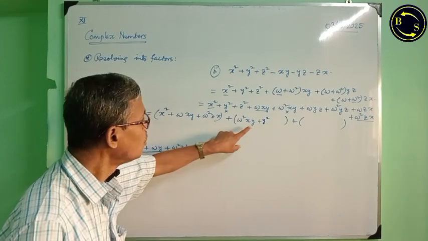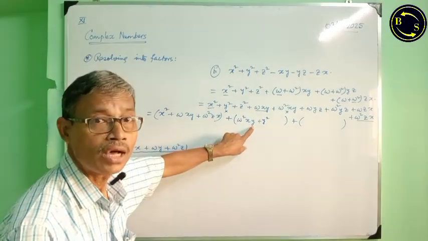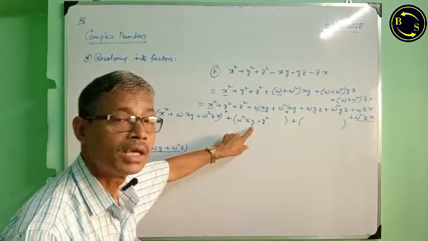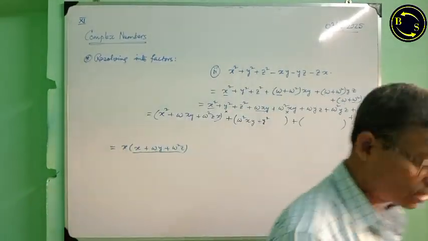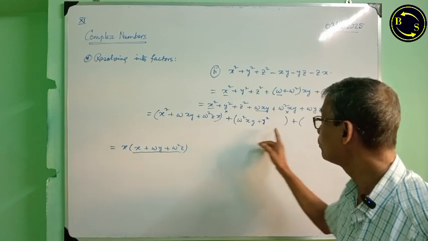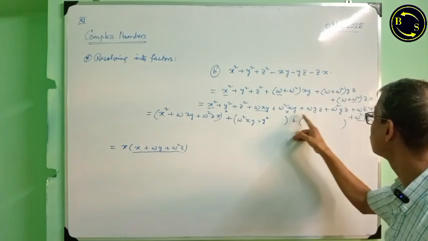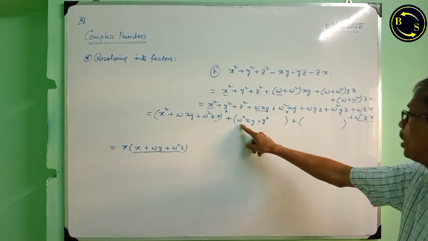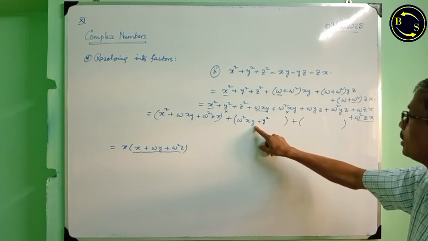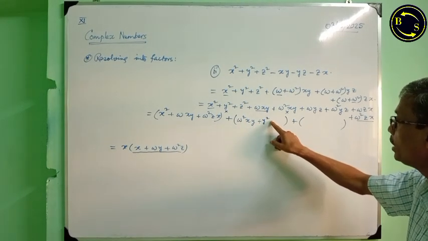Here, y or omega y or omega square will be common factor. That means the last term will be z related term. Now let us search this. Omega square y will be the common factor. Then it will be z term.